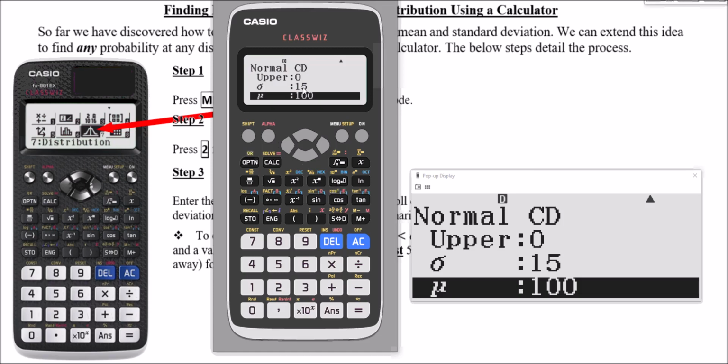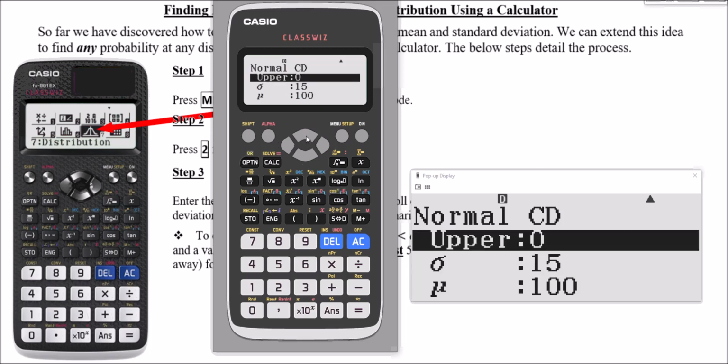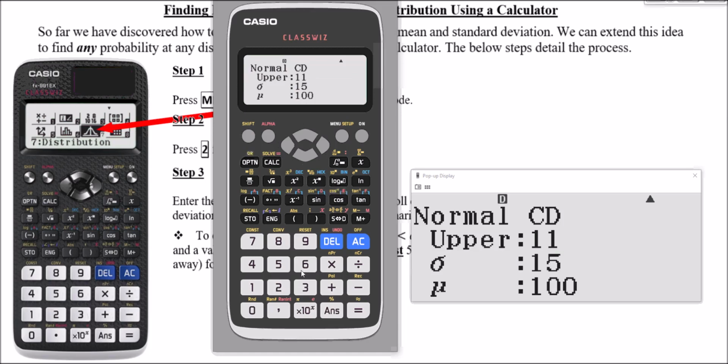So if I type this in now, I'm going to get 84%. There's going to be 34% of that 68 on the right hand side, plus all of the left hand side of the curve.